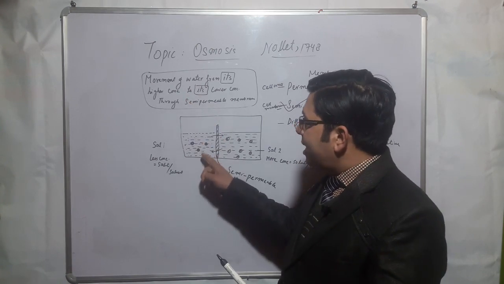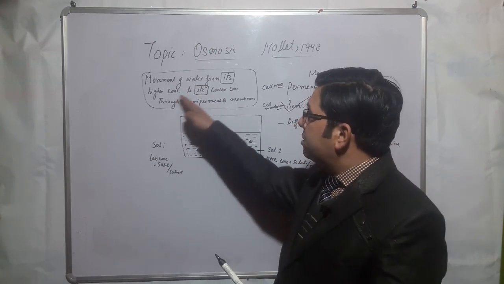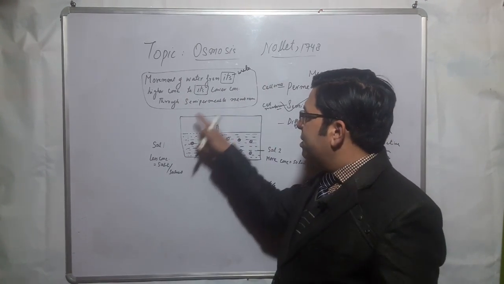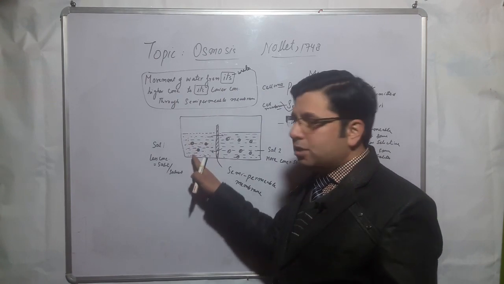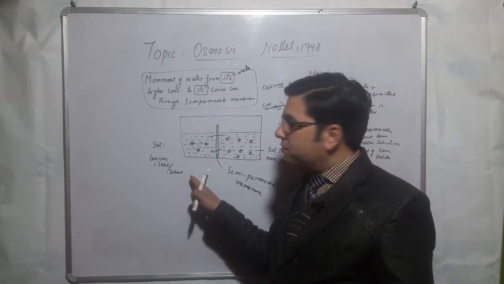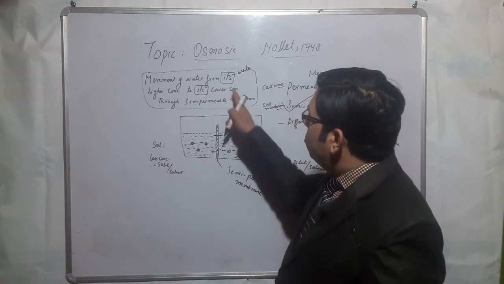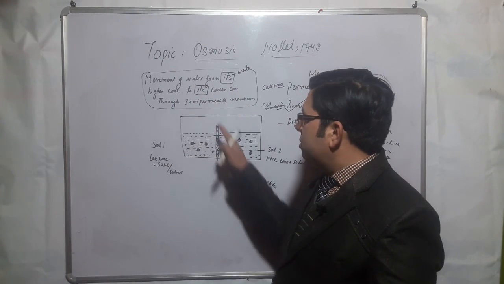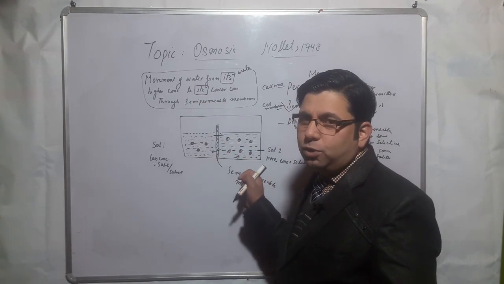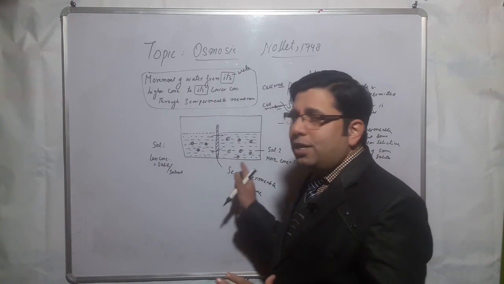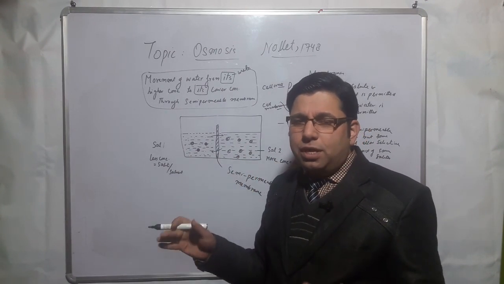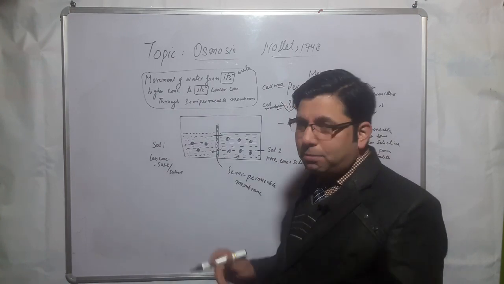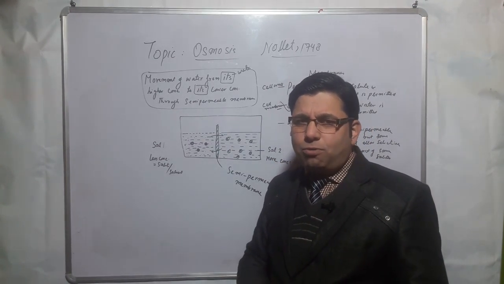So what we are defining is movement of water from water's higher concentration to its lower concentration, like diffusion, but here is the concept of a permeable membrane, and then we use through semi-permeable membrane. This is the shortest form.